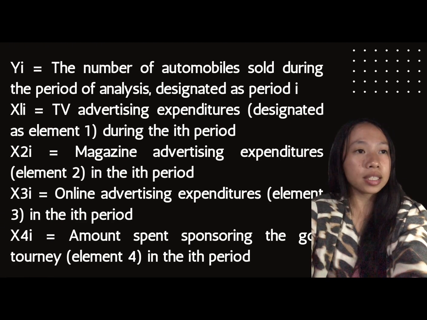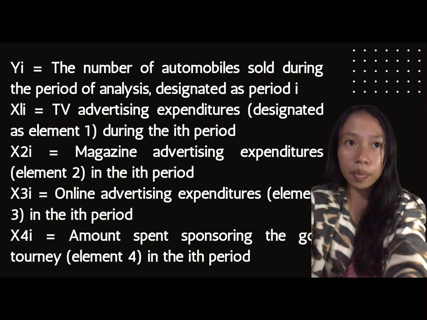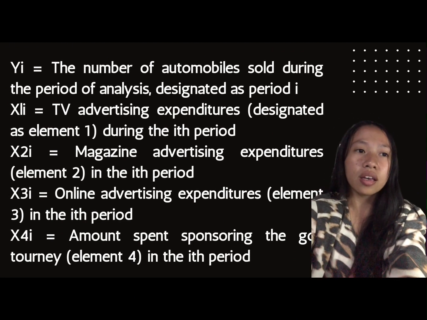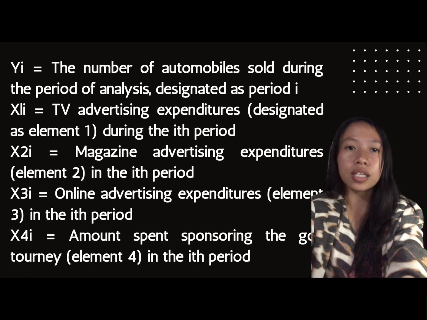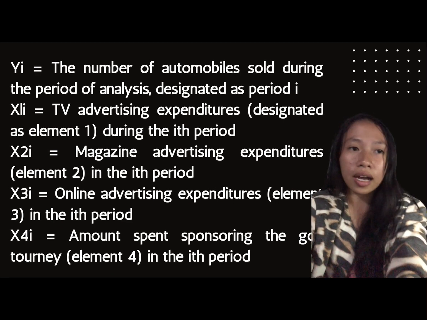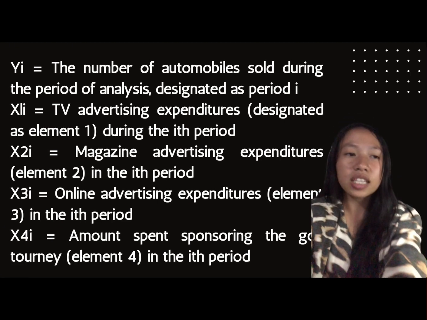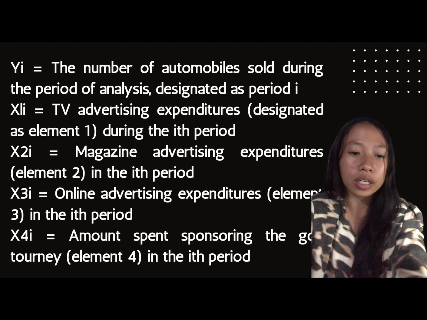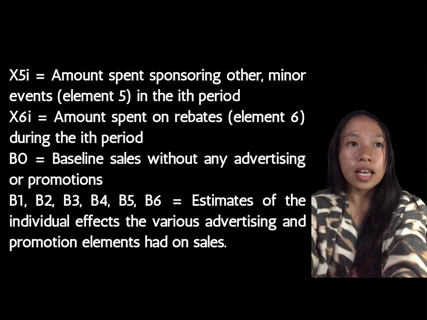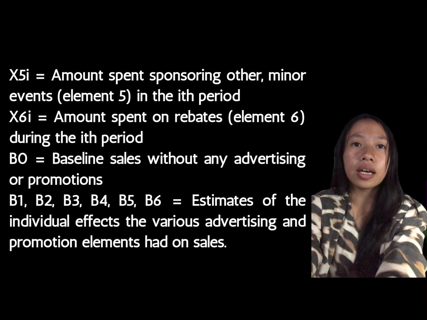Next, X1i is equal to TV advertising expenditures during the ith period. X2i equals magazine advertising expenditures in the ith period. X3i is online advertising expenditures in the ith period. X4i is the amount spent sponsoring the golf tourney in the ith period. X5i is the amount spent sponsoring other minor events in the ith period.